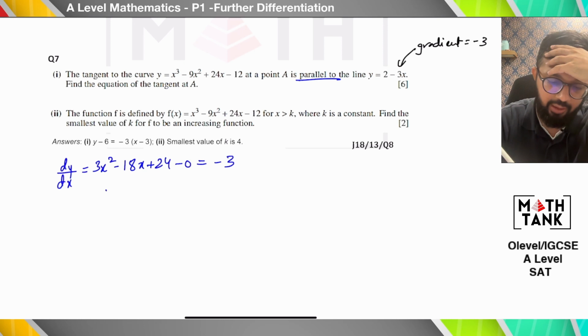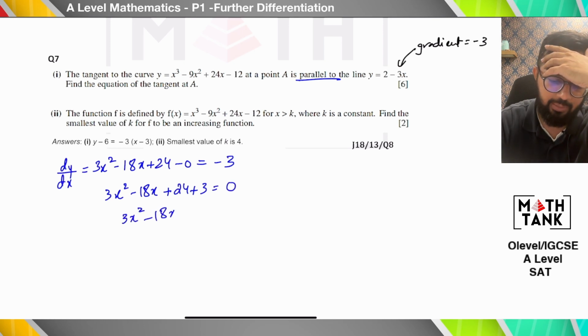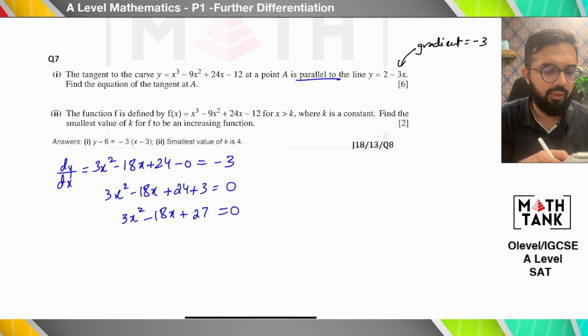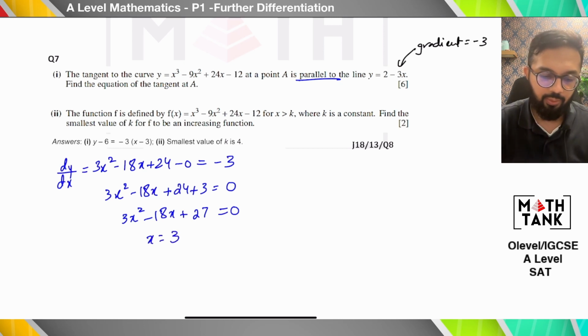Okay, so 3x squared minus 18x plus 24 plus 3, 3x squared minus 18x plus 27. So that's what I'm trying to solve. I think it's going to give me just one value. Let's just verify quickly. Yeah, 3. So x equals 3. So the x coordinate is 3.